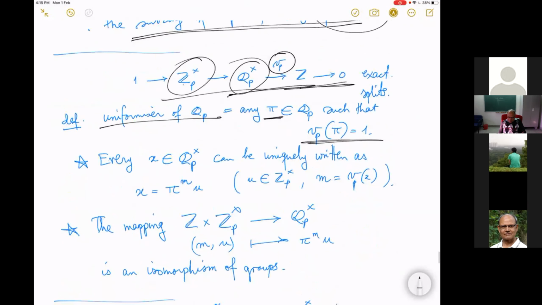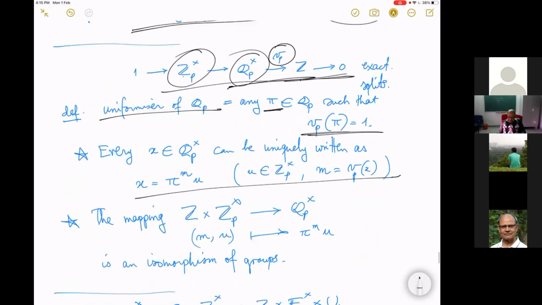So maybe I've already said this, that every non-zero element x of Qp can be uniquely written as a power of, okay, earlier I had said it for p, but now you can see that the only role p played was as a uniformizer of Qp.